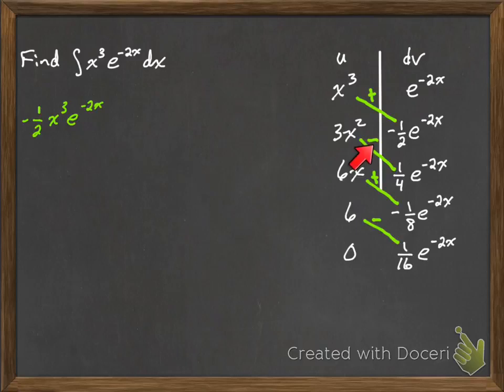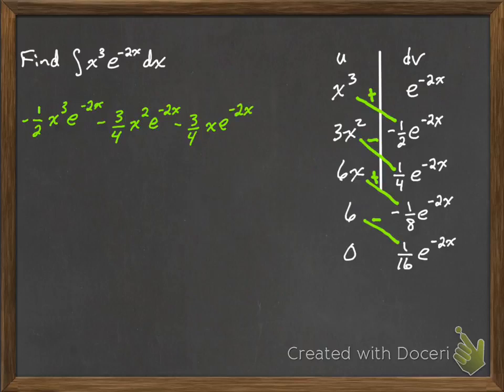All right, so then our next term is going to be negative 1 times 3x squared times 1/4 e to the negative 2x, which will give us minus 3/4 x squared e to the negative 2x. All right, so now we have positive 1 times 6x times this, which will give us negative 6/8, which reduces to 3/4 x e to the negative 2x.